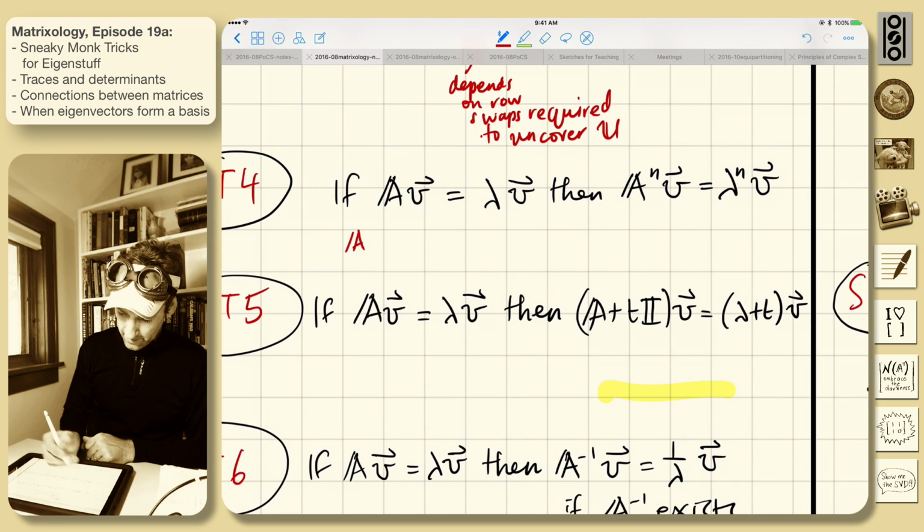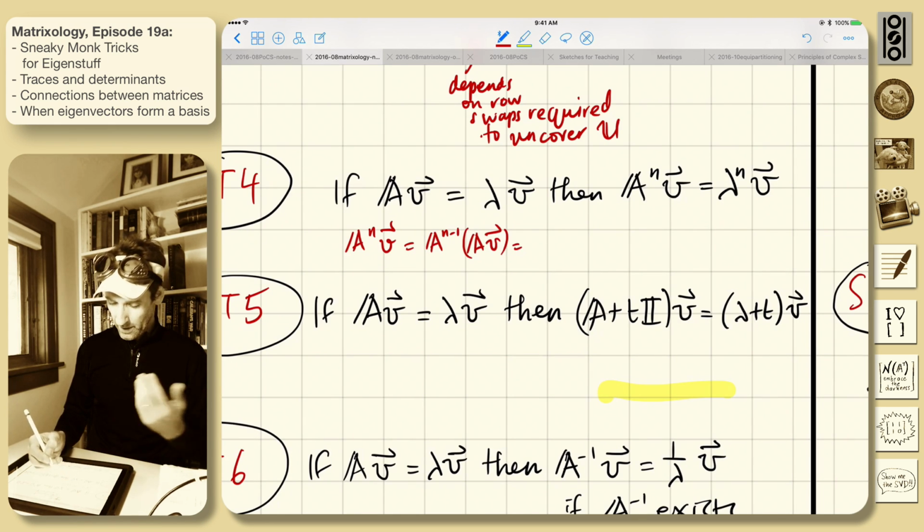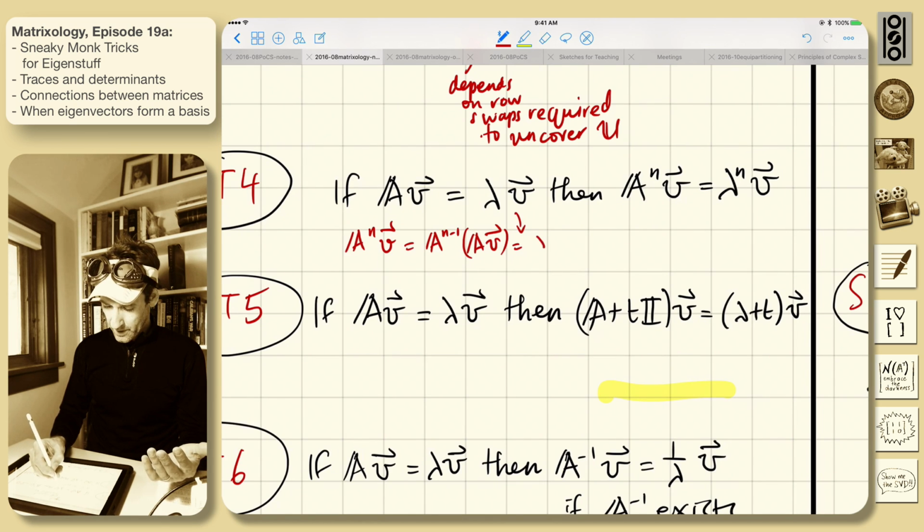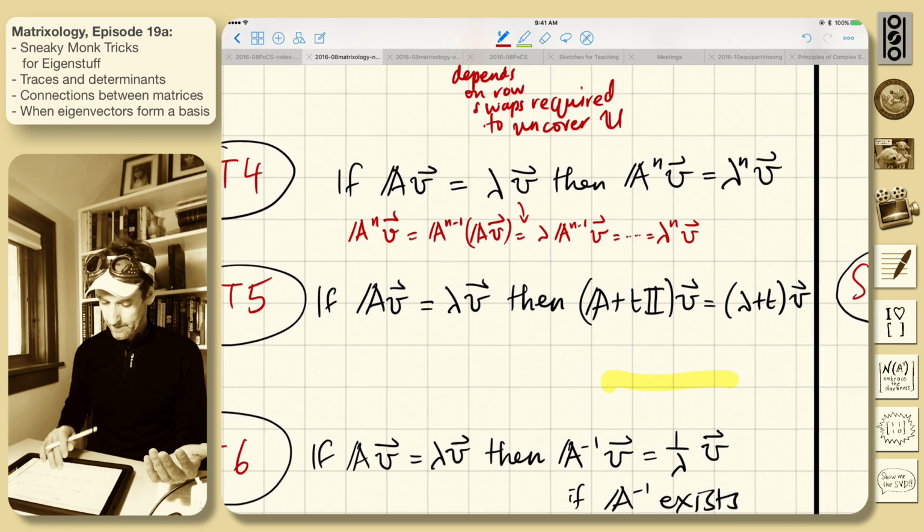A to the n times V equals A to the n minus 1 times A times V. Just break it off. We have this result, so the lambda can come out the front. Now we have A to the n minus 1 times V. And then you just keep doing that, and we'll get a lambda each time until we get back to V.